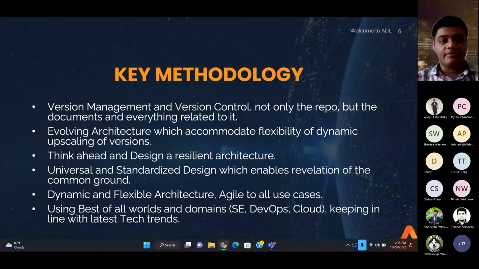Mainly version management and version control. Version management is where the versions continuously evolve, as the existing applications move on to new applications. The versions evolve and increase, and therefore version maintenance, management and control is important.